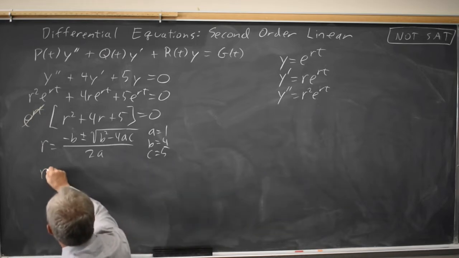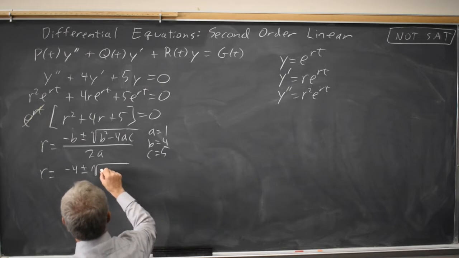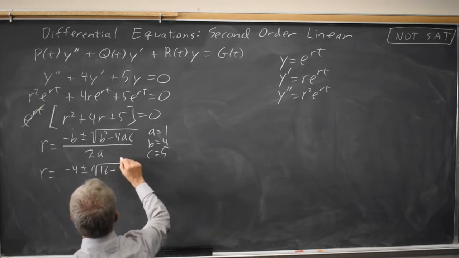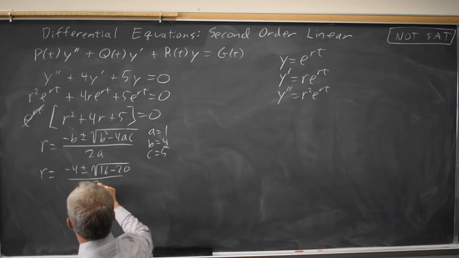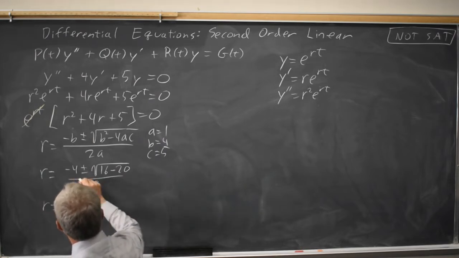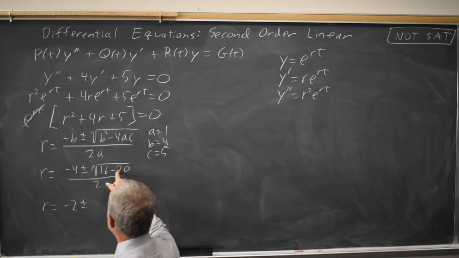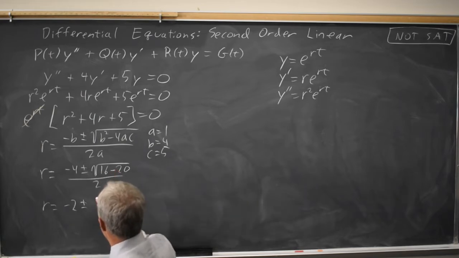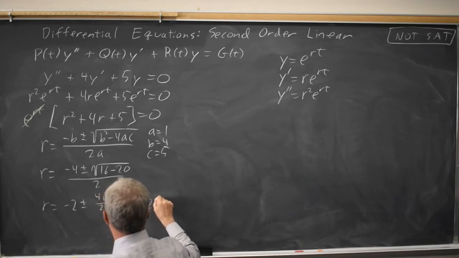So r equals negative 4 plus or minus square root of 4 squared, which is 16, minus 4 times 1 times 5, which is minus 20, over 2a, which is 2. So r is negative 4 over 2, which is negative 2, plus or minus the square root of 16 minus 20, which is negative 4, and the square root of negative 4 is 2i, over 2 gives negative 2 plus or minus 2i.